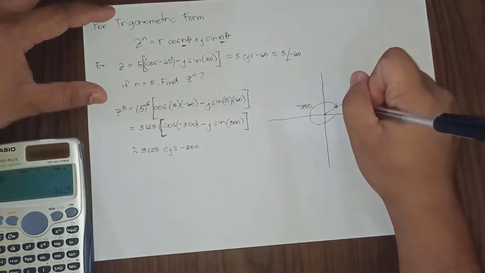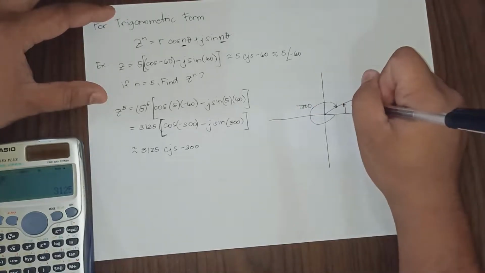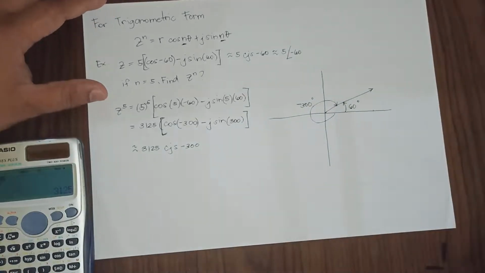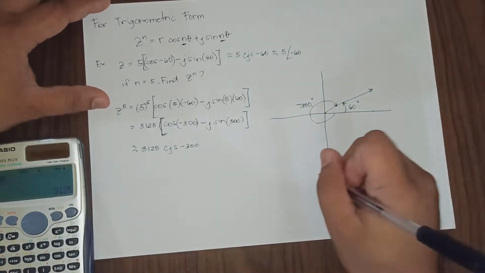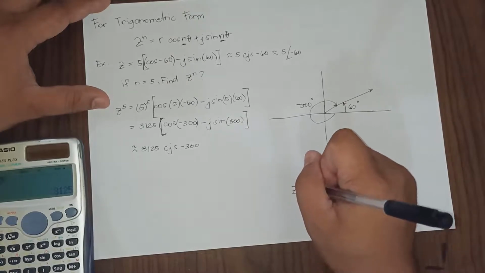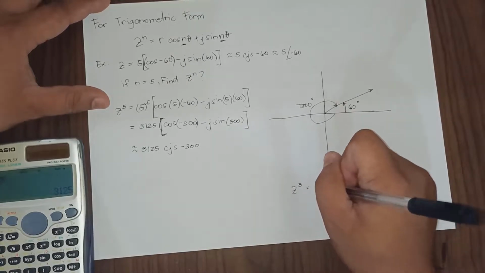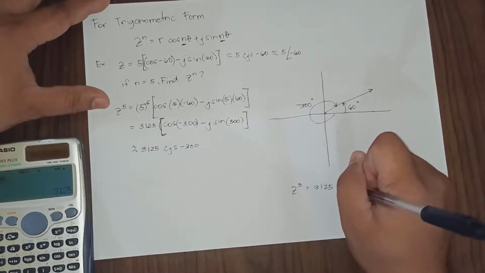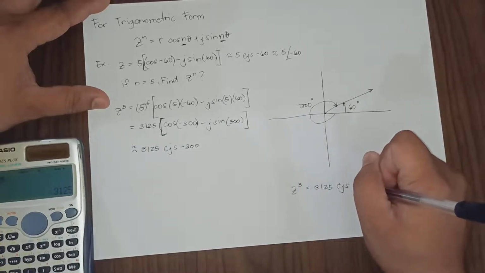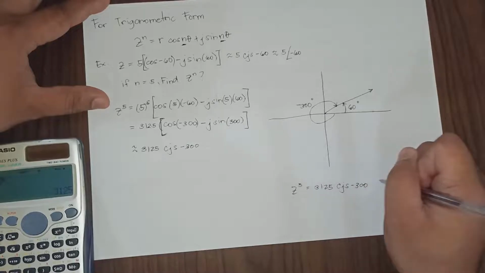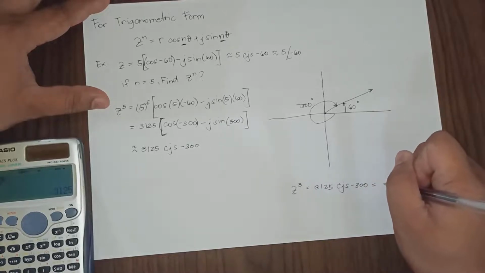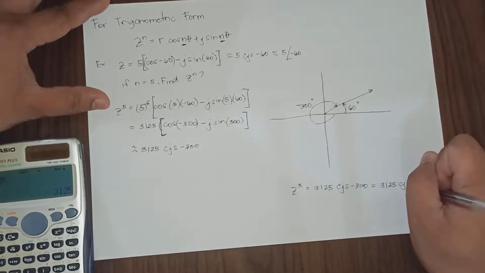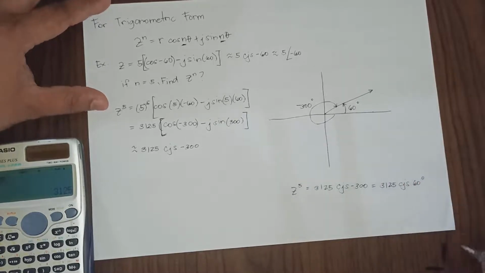So, what is that? That is 60 degrees. Therefore, there are two possible answers. z^5 is just equal to 3125 CIS of negative 300 and also equal to 3125 CIS of 60 degrees. Okay?